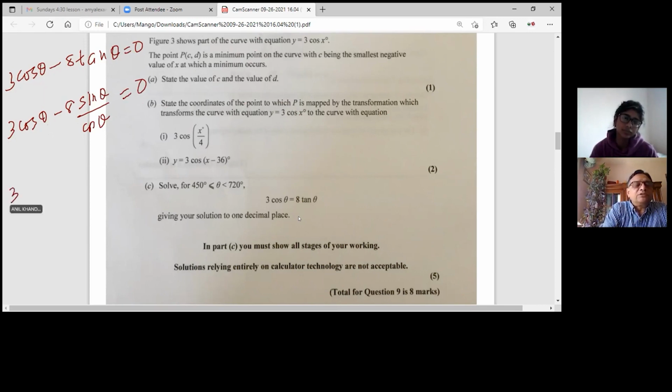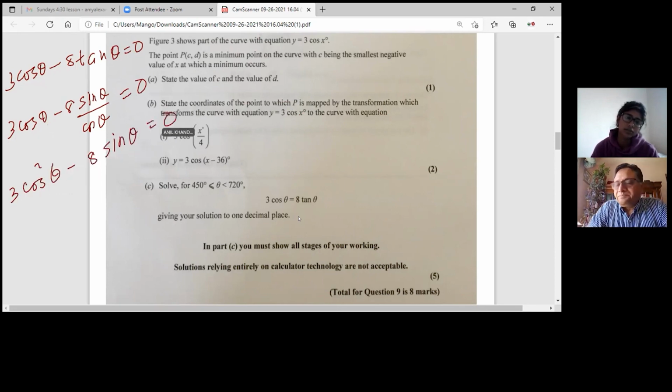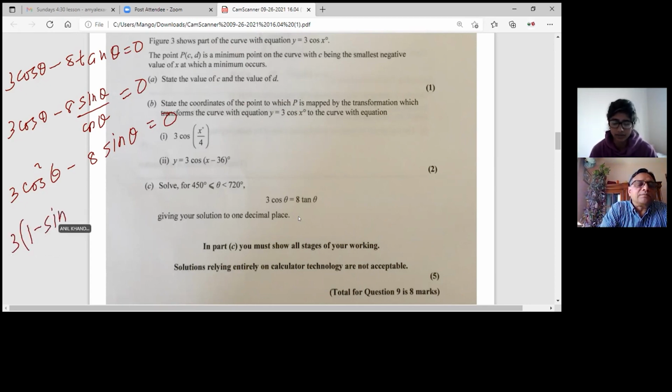So we get 3 cos squared theta minus 8 sine theta equals 0. Now we should write the equation in only one term, so cos squared theta can be written as 1 minus sine squared theta. So open the bracket.